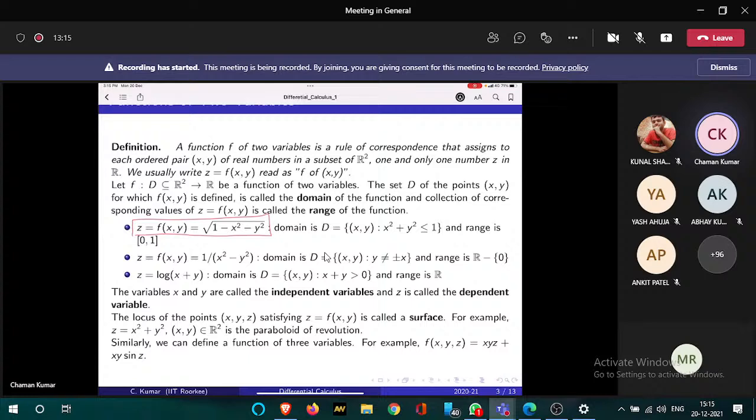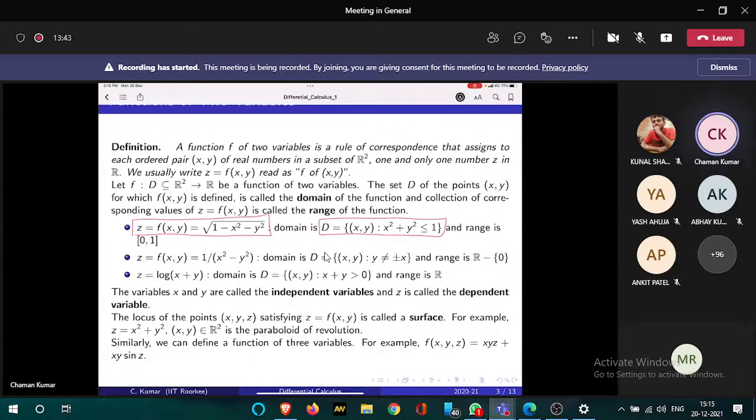So this is a real valued function, and for this function to take real values, we must have x square plus y square less than or equal to 1. This is known as the domain of the function: all x, y such that x square plus y square is less than or equal to 1.